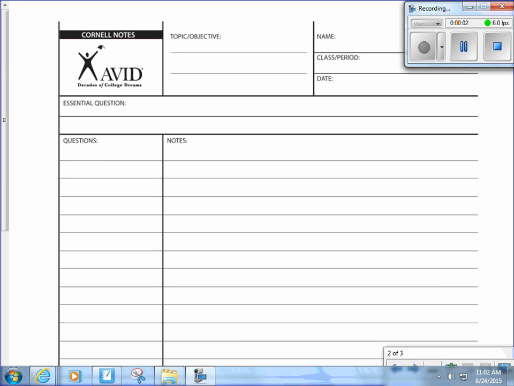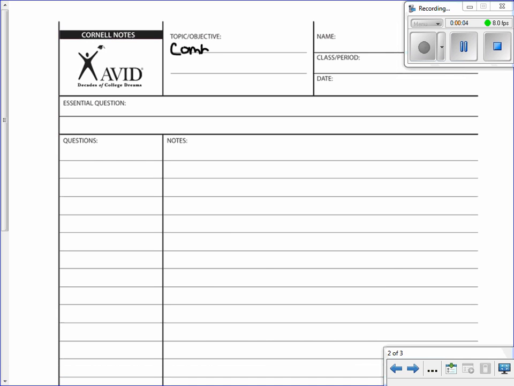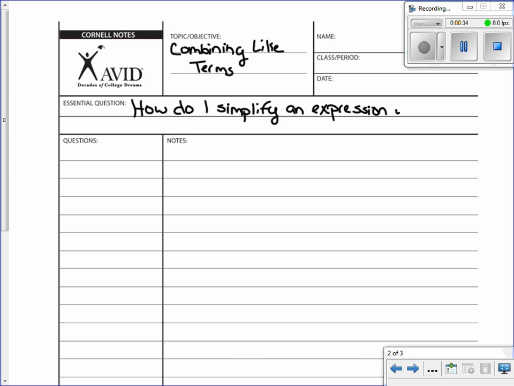Today's topic is combining like terms. The essential question is, how do I simplify an expression with more than one variable?